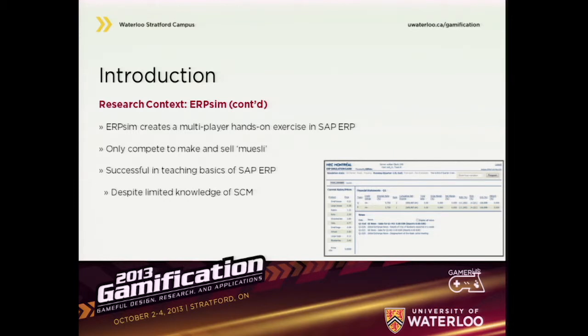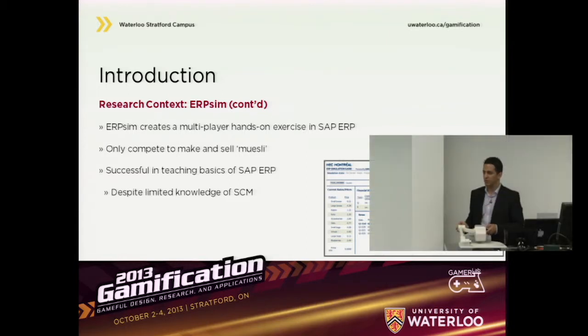And previous research has shown that this game is very successful in teaching MBA students the very basics of SAP ERP. And you don't need to have very deep knowledge of supply chain management, for example, or very technical skills when you want to work with this system.